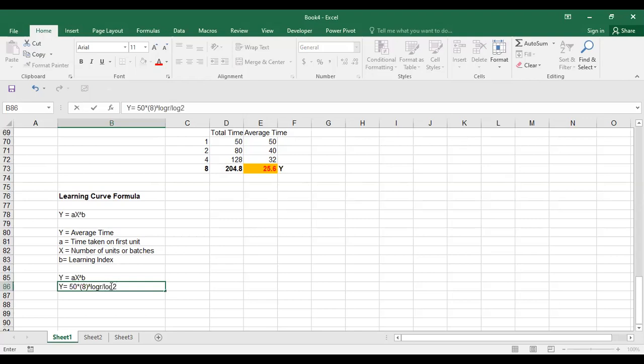In our case, log of R means log of 0.8, because our learning rate is 80%. So I would say log of 0.8 divided by log of 2.